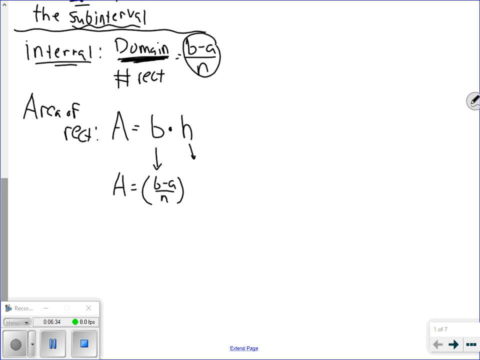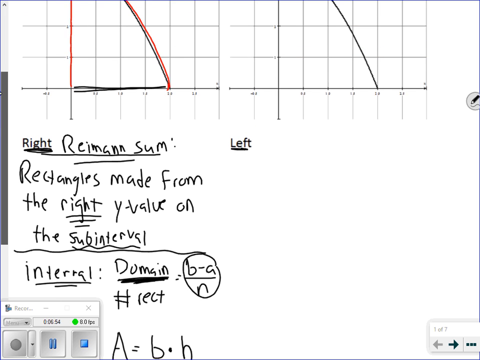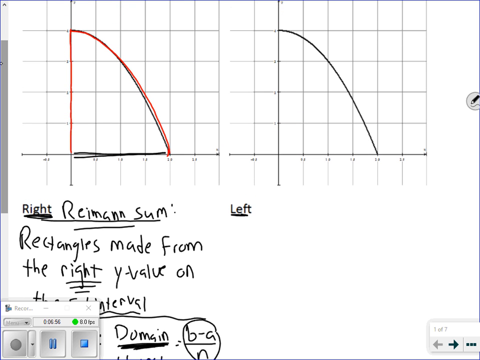And the height is going to be the y values of the right side of my rectangles, which I'll call f of x sub i to represent the multiple different x values that we use. Okay? So let's go up here on our picture and show exactly what this looks like. All right. I am wanting us to use 4 rectangles. And that changes per problem, but this problem it's 4.